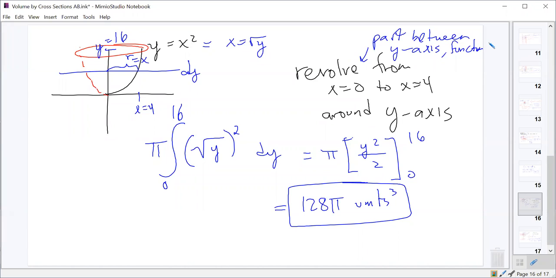Because if I was just saying to revolve the region between the parabola and the x-axis, that's a totally different problem, which we could do. Yeah, it's like the root x one I just did. Yeah, exactly. Similar to that one.